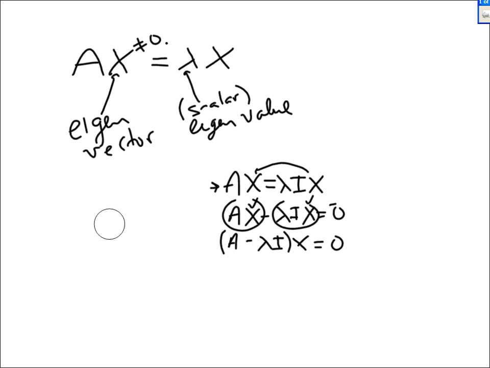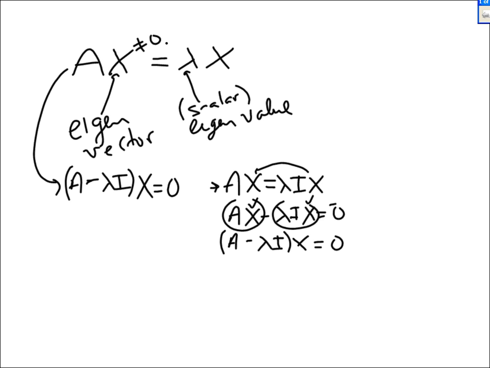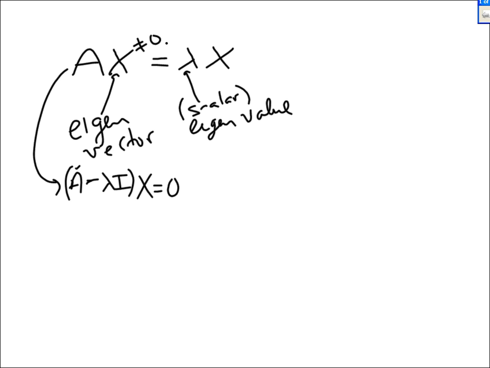So, this equation gives us this equation. We want to solve this equation. You'll be given A. That's all you'll be given. We want to solve this equation. Now we know x equals 0 is an answer, but we want other answers.